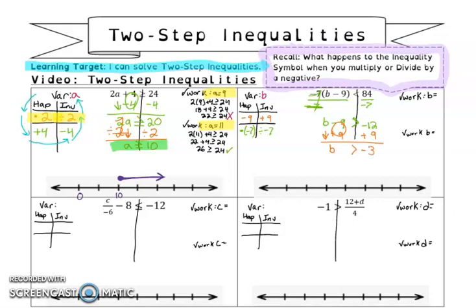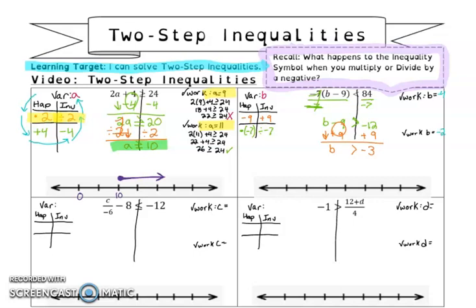So b is greater than negative 3. So now we need to figure out a number. We're going to check our work. We need a number that is smaller than negative 3. Maybe, let's say negative 4. And then we need a number that's bigger than negative 3. We could say negative 2.